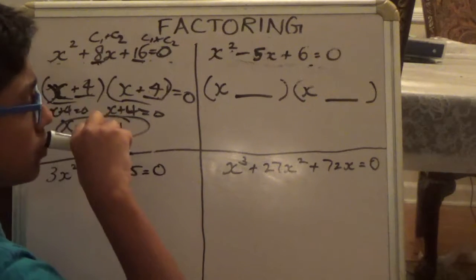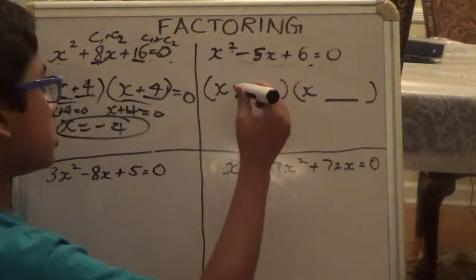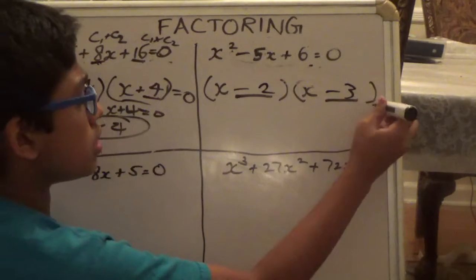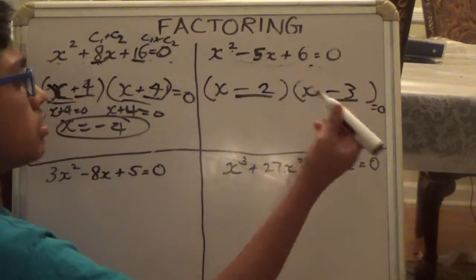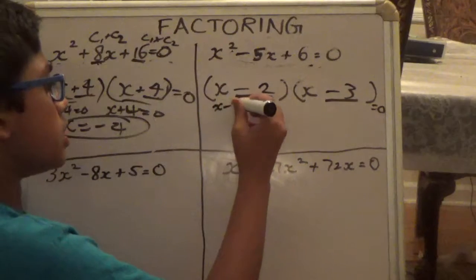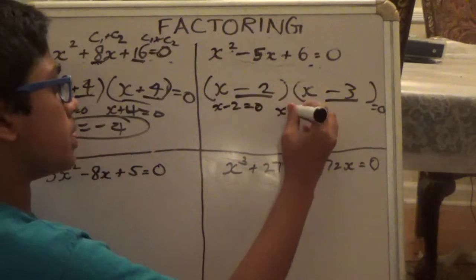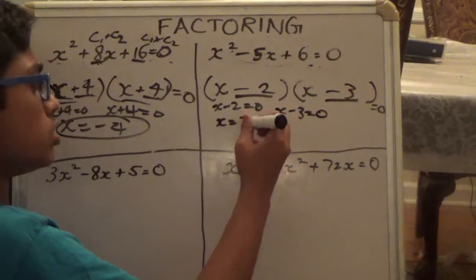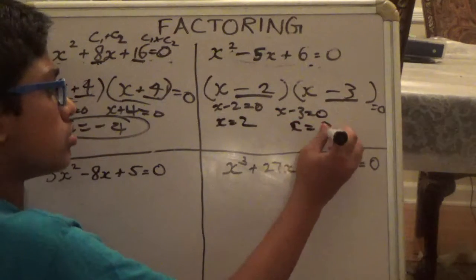Negative 2 plus negative 3 is negative 5. So we could just go ahead and write x minus 2 and x minus 3 equals 0. And using our zero product property, x minus 2 equals 0. x minus 3 equals 0. x equals 2. x equals 3.